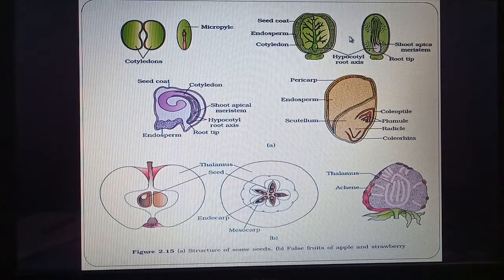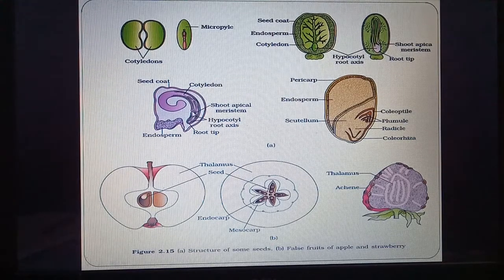It is a castor seed. In it we can see paper-like cotyledon, then endosperm and seed coat. Hypocotyl is found, and on the outer surface we can see shoot apical meristem and root tip.